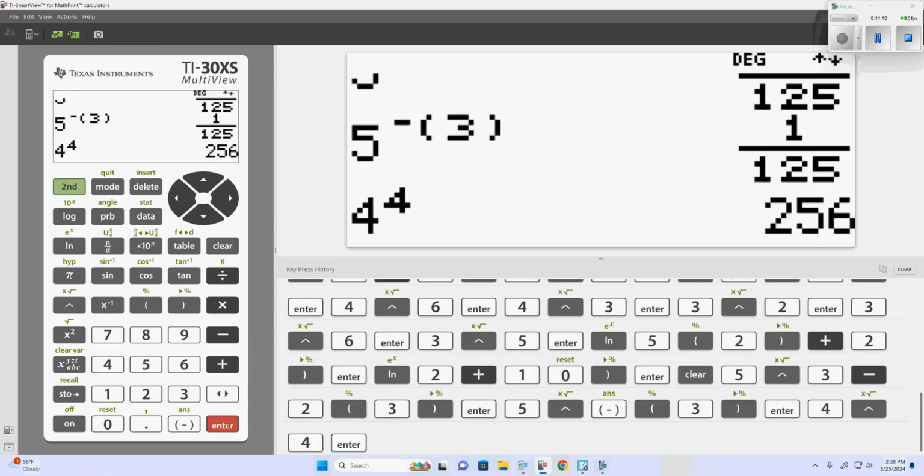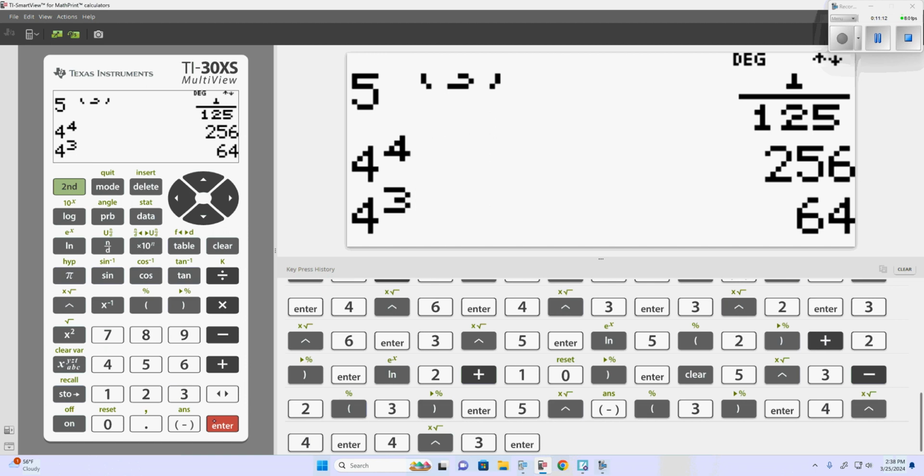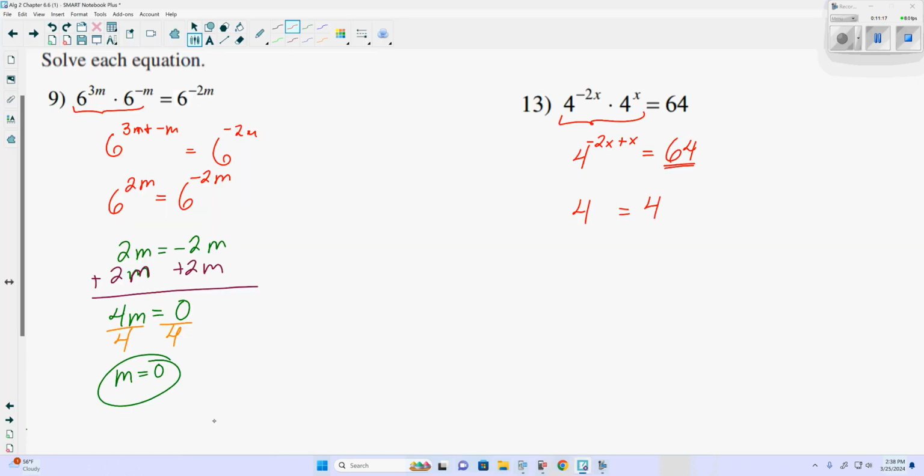Because 4 to the fourth is too big, so 4 to the third. We didn't pick 4 just out of the blue, but because the other side, the base was 4, so if we can rewrite 64 as 4 to a power, we're going to use it. If not, we'd have to look for another number that we would rewrite both as.